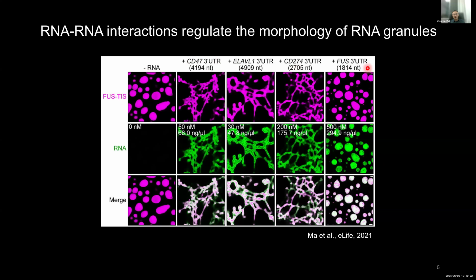In order to answer this question, we did an RNase experiment. RNase-L is an RNase, but in cells it's not active. Only when double-stranded RNA is present in cells, for example during virus infection or bacterial infection, RNase-L will be activated.